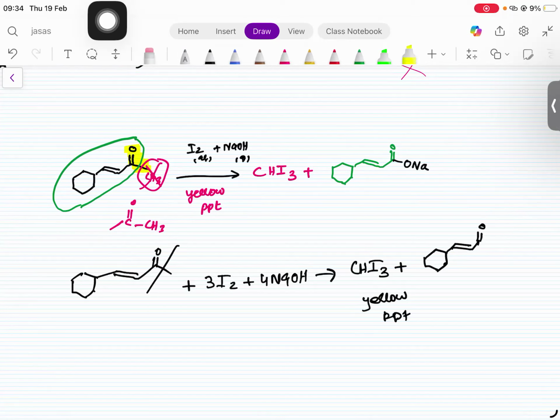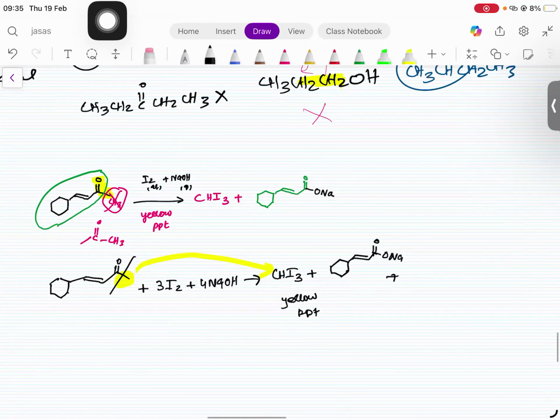This is the CH3 na, that turns into CHI3, which I just highlighted on the reactant side. Okay, rest of the part, break it down and put ONA in front of that. Okay, and the other product that is formed is water and sodium iodide. Okay, but they don't ask you the full equation. They usually ask you for the two main products, this one and this one, right?